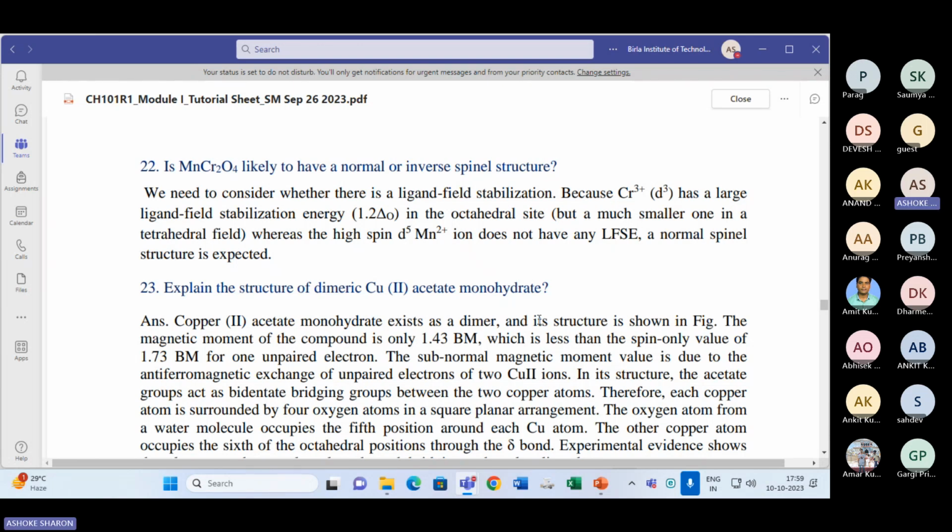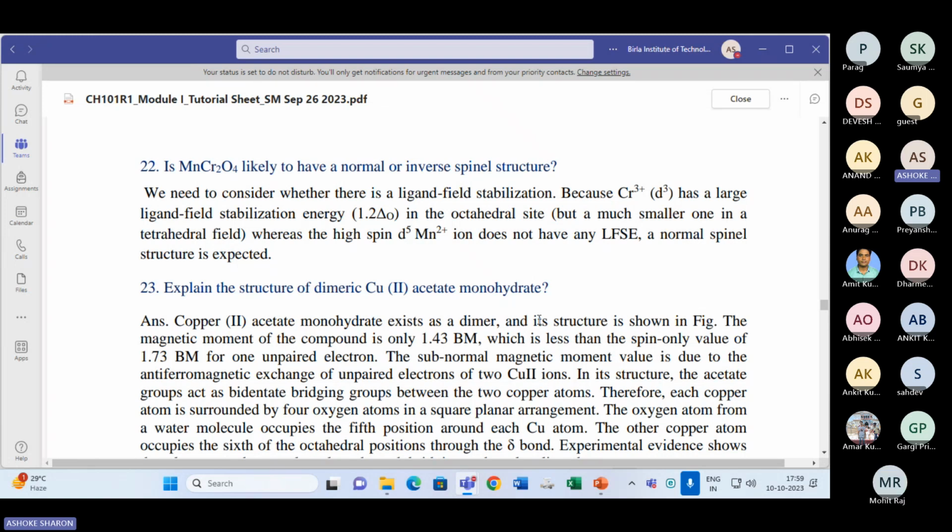If that is 0.5, that is an inverse spinel, and if it is 0, then that is a normal spinel. But that has come from observing the relative energies, or the stabilization energies obtained, if that metal ion enters into the octahedral or the tetrahedral hole.